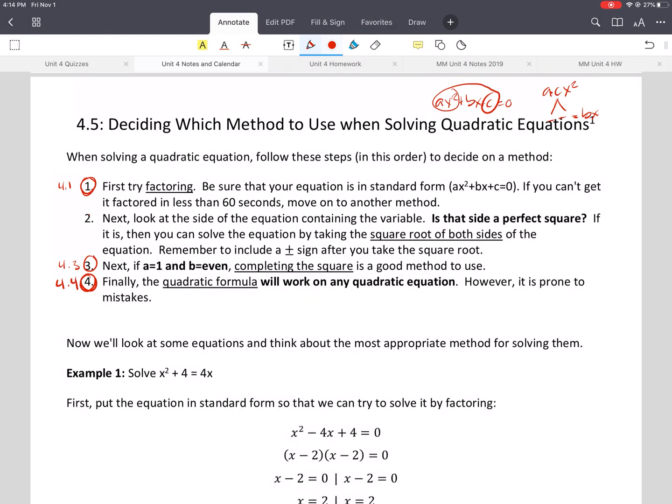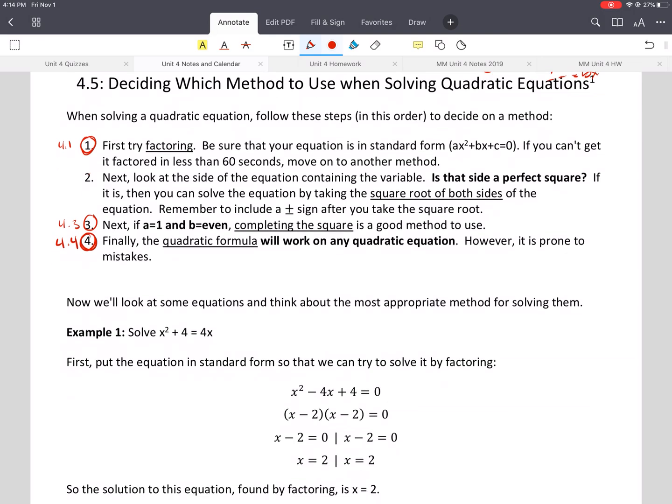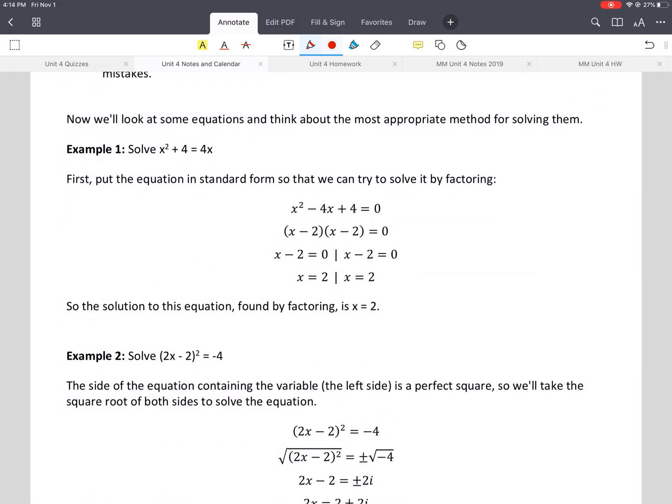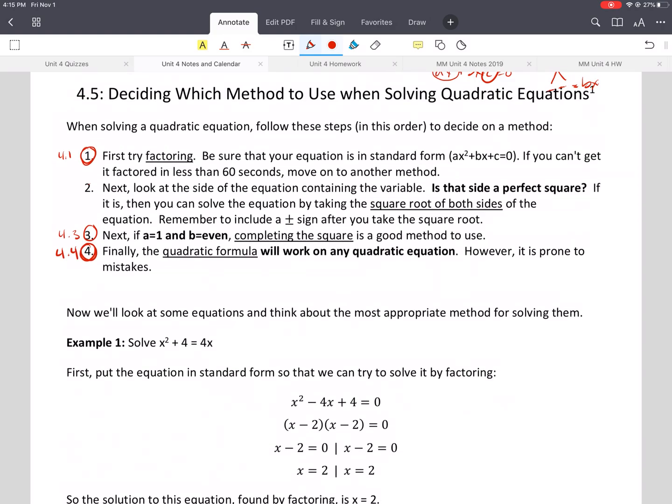Next is perfect square equations. We talked about that in 4.2. If you have an equation where on one side you have something squared and on the other side you don't, you can just square root both sides and solve fairly easily.